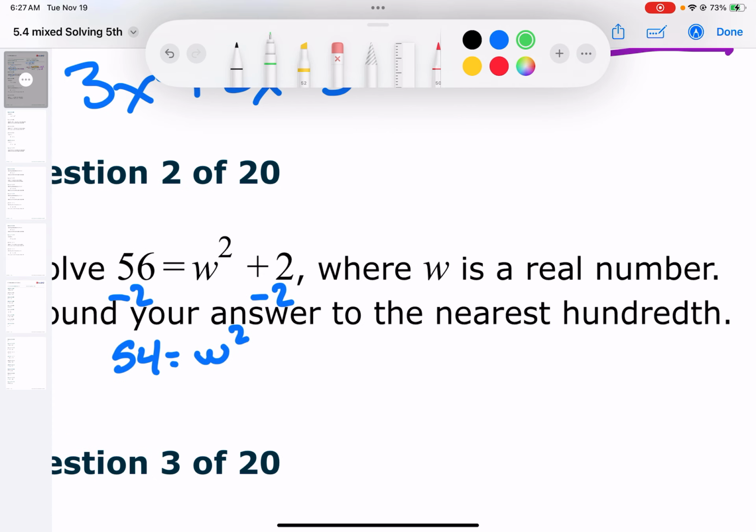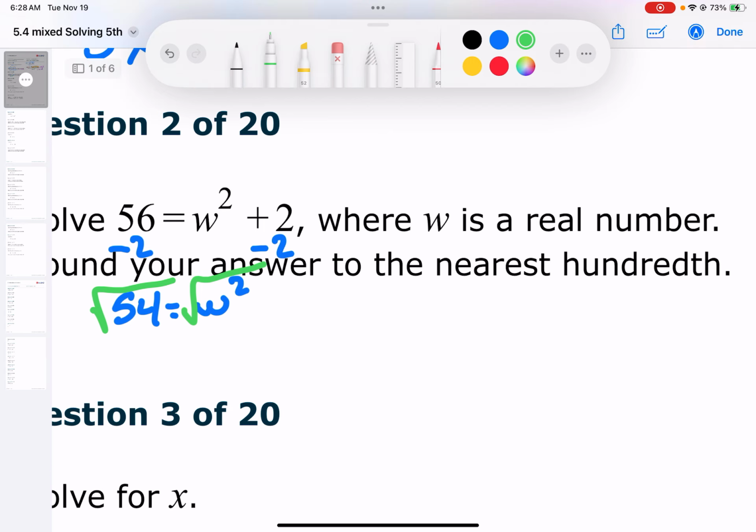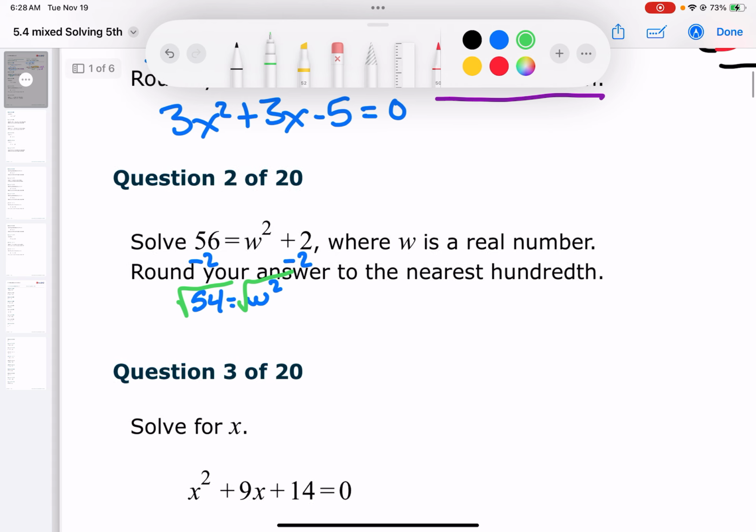And in order to get rid of the exponent, I can do a radical or take the square root. So that's going to give me the square root of 54. It does say round to the nearest hundredth, so I can just put that into my calculator. I got w equals 7.348, so it's going to be 7.35, and then I'm also going to have a negative version of that.